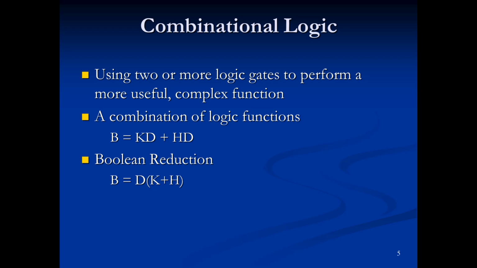To reduce that, they've reduced it here for us already. We'll get into the methods for reducing later. They reduced it down to B equals D ANDed with K plus H.